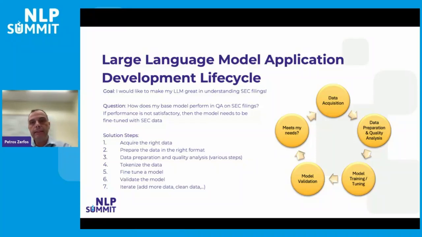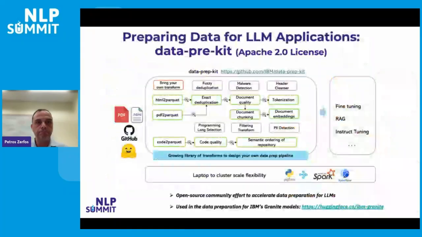This is an iterative process that the developer goes over and over till they get a model they can use for a large language model application that meets their needs. In this talk, we will be focusing on providing the tooling for accelerating the part of preparing the data and assessing data quality.